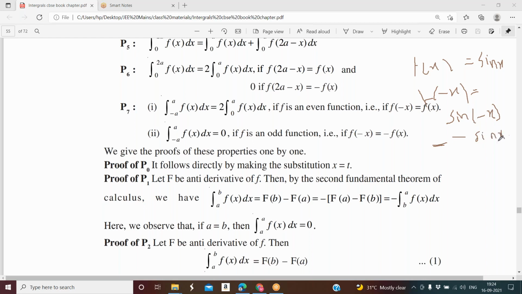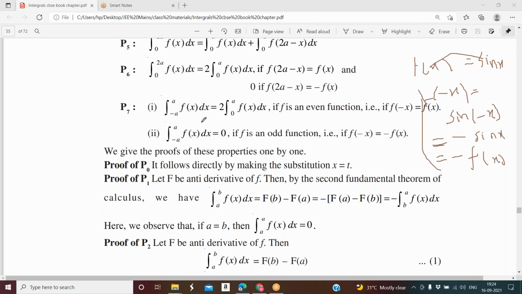This can be written as minus f of x, since sin x is f of x. So f of minus x equals minus f of x. Therefore, sin x is an odd function of x, whereas cos x is an even function of x.